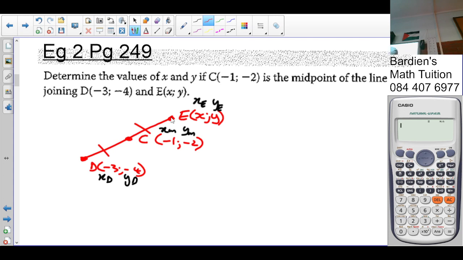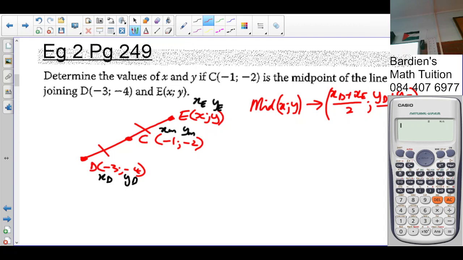So if we do the substitution, we know that the midpoint would give us, in this case, xD plus xE divided by 2 and yD plus yE divided by 2. You all agree with that?